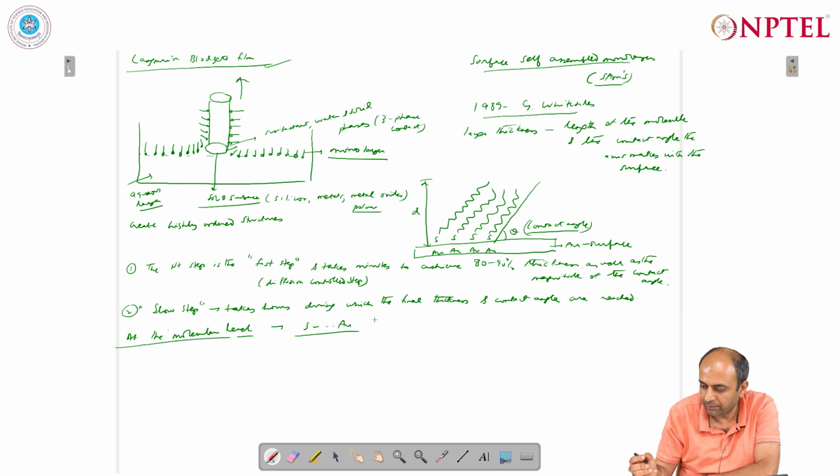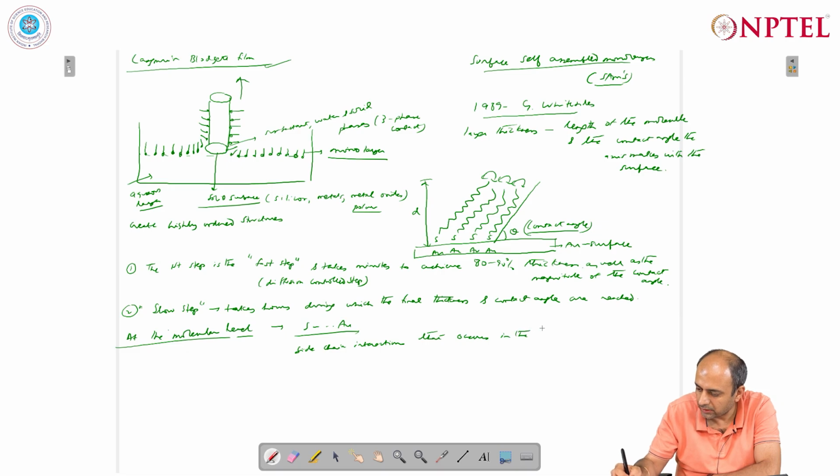In the second step, it is actually the side chain interactions, the interactions between the hydrophobic chains that need to accommodate all possible favorable contacts, so that we have a tightly packed structure and overall dense and firm packing. So, it is the interactions between the organic chains, the side chain interactions, that occur in the second step.